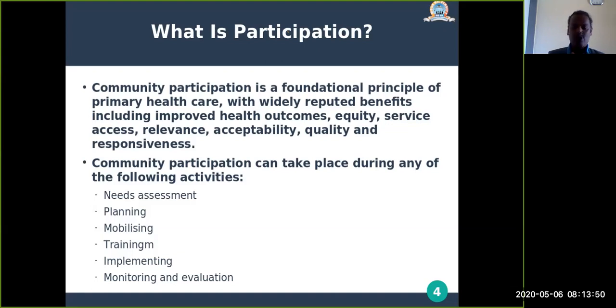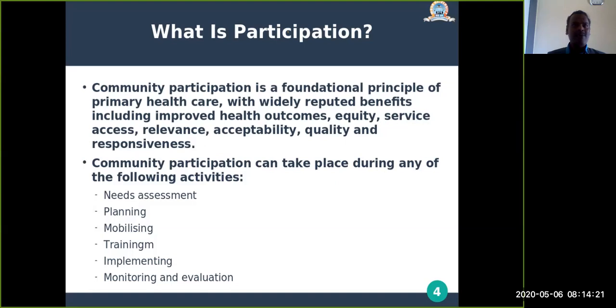For example, you can do need assessment using the community, then planning with the community, then mobilization, then training, then implementation, then monitoring and evaluation. These are all the common steps where you can expect the community to participate, or you encourage the community to participate in your programs. Need assessment, planning, mobilization, training, implementation, monitoring and evaluation.